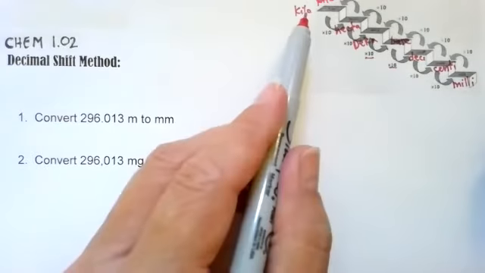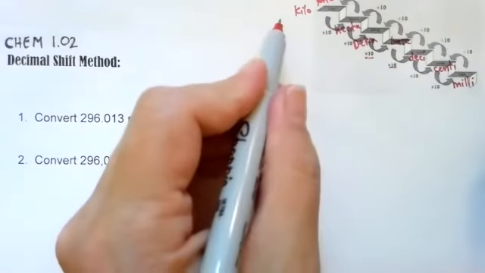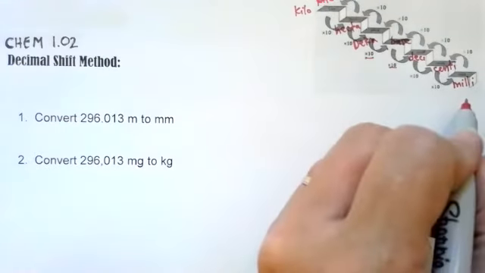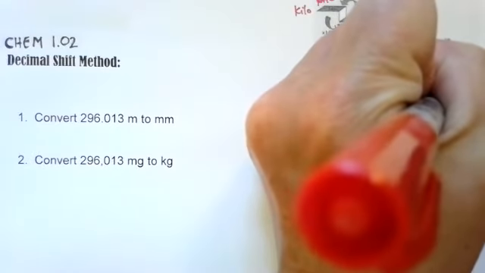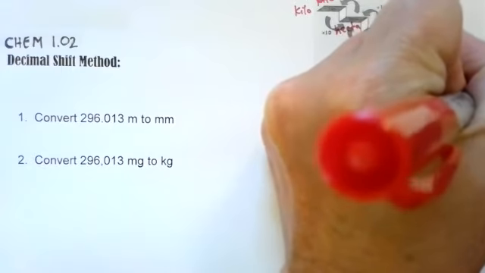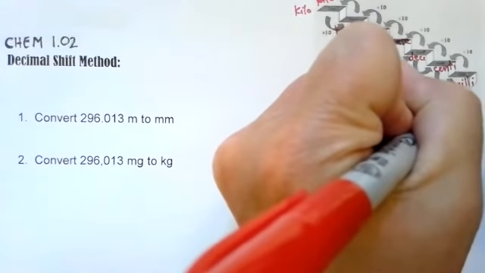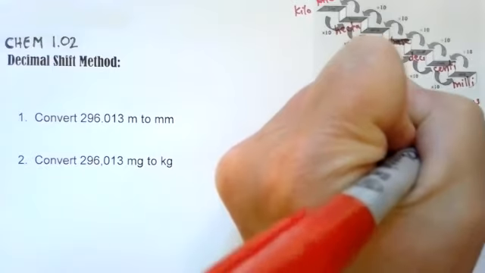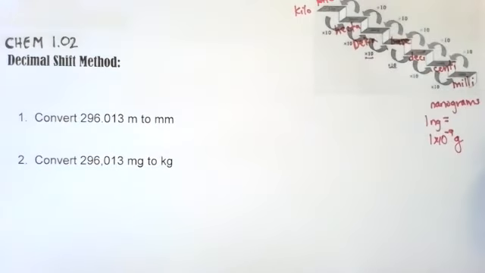Now, we have other units that lie above and below. Below, I might have nanograms. We'll use charts to help us, but 1 nanogram is 1 times 10 to the minus 9 grams. So a nanogram is really, really small.